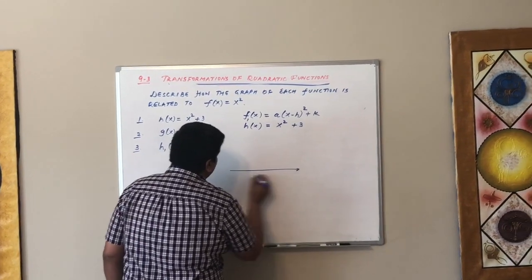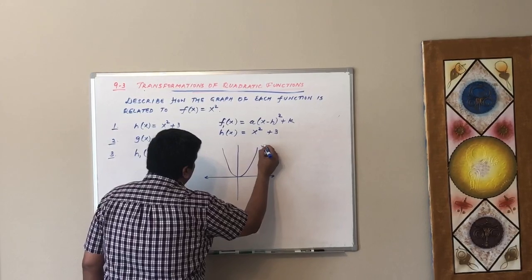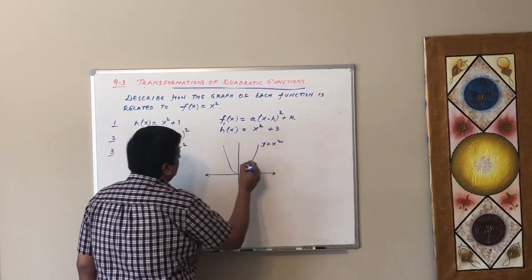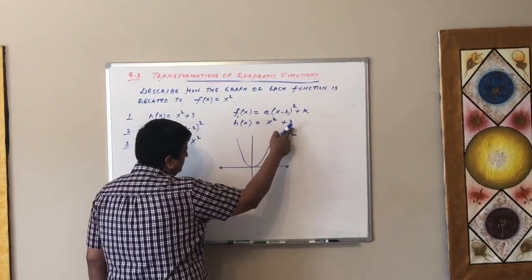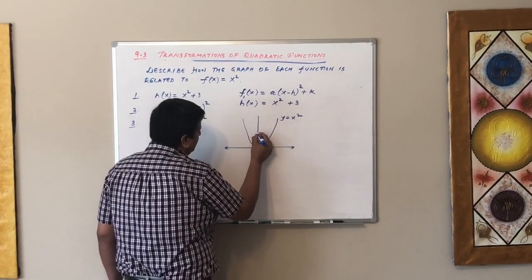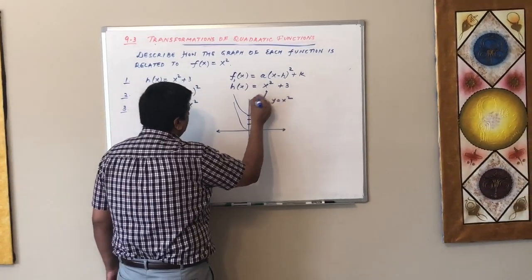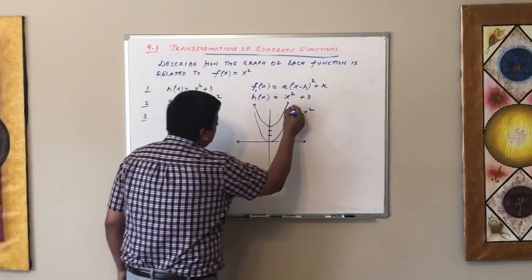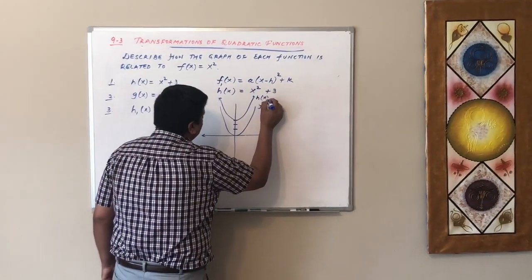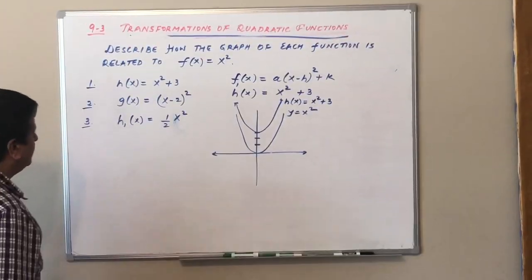So if this is the graph of the parent function, y = x², then the graph of h(x), which is x² + 3, will simply move 3 units up. That's it. So you don't have to do much except show that this graph is going to translate 3 units up.